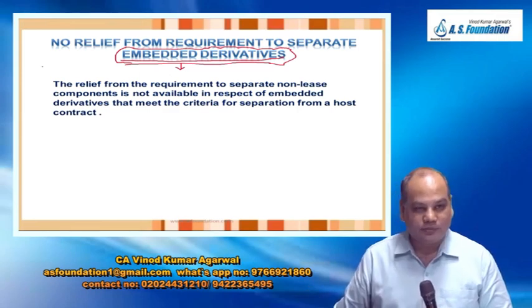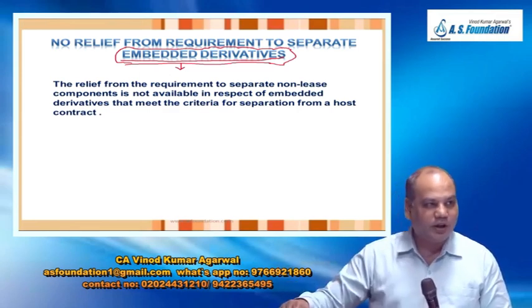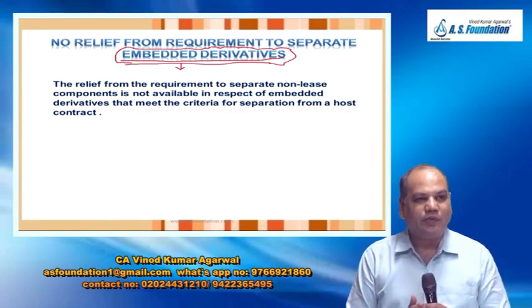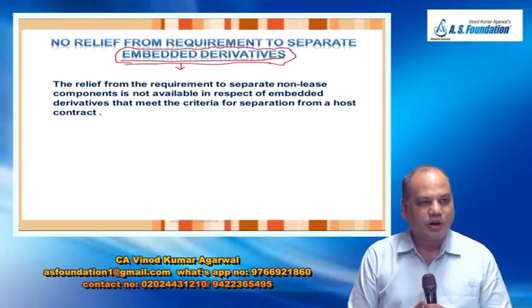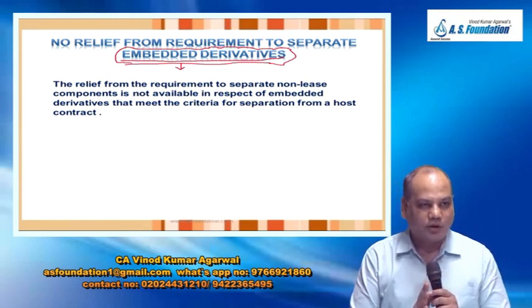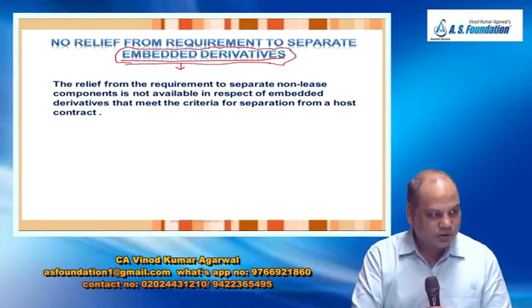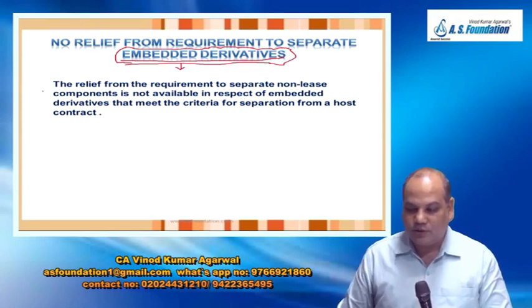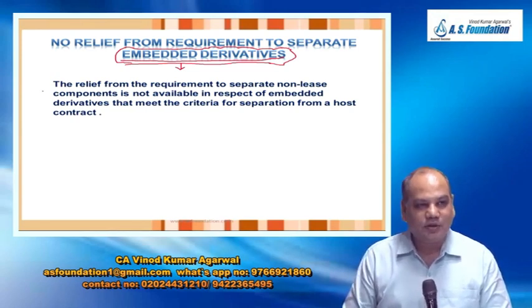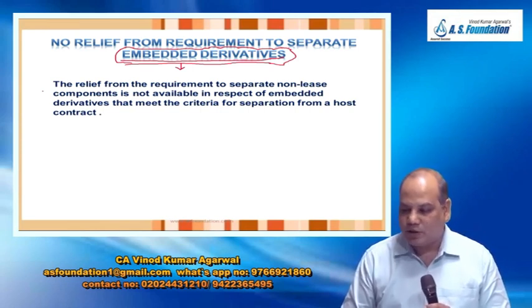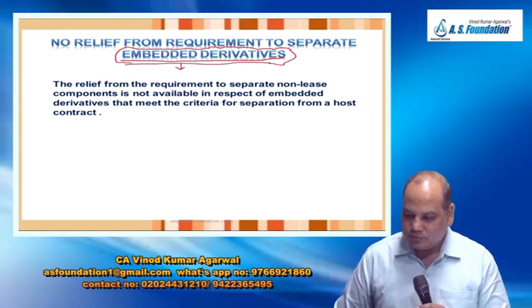There you have learned, I am not taking in detail the same thing again, that if there is an embedded derivative in a host contract, then the embedded derivative needs to be separated from the host contract, subject to some conditions given there. Now this practical expedient exemption is not applicable to an embedded derivative in a lease contract.